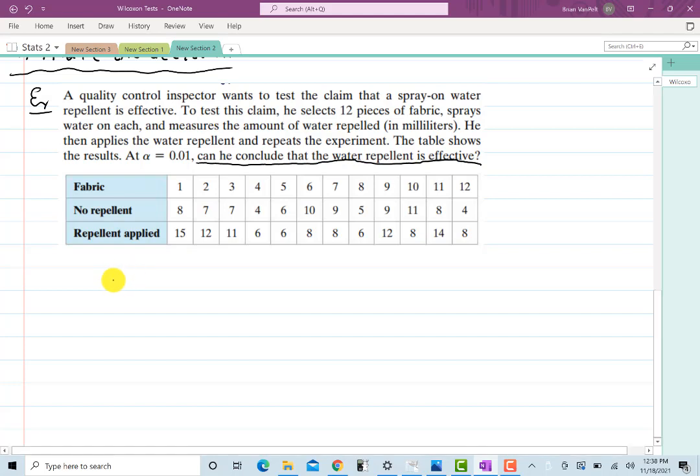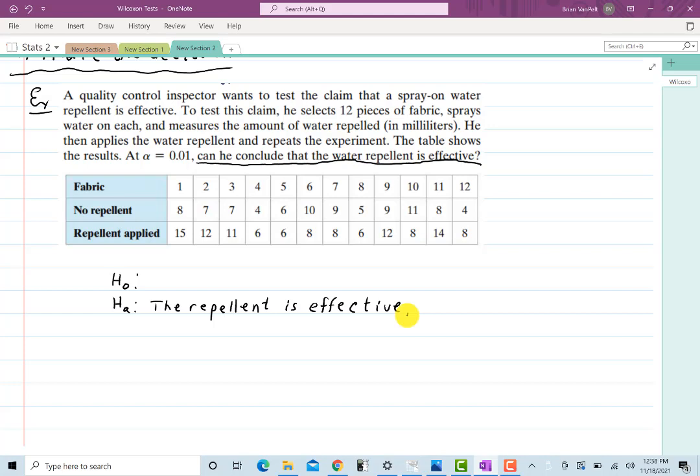So this is the way it can look. For this, we can just say for HA, the repellent is effective. So in HA, when you say the repellent is effective, you expect that the amount of water that comes off to be different than initially without the repellent.